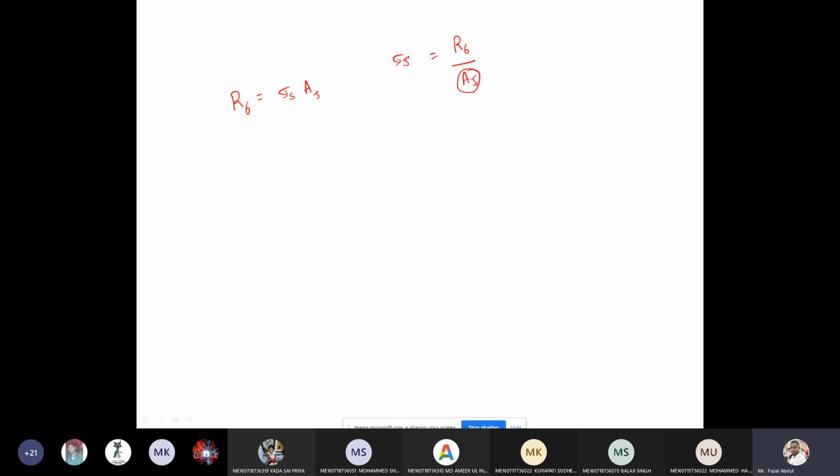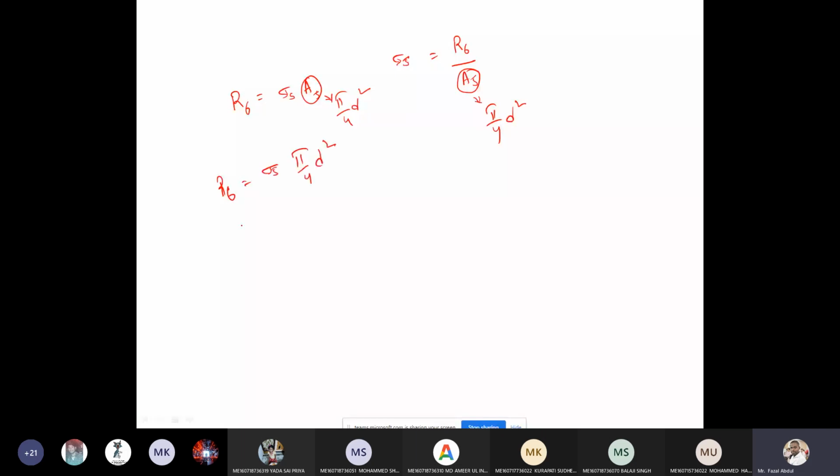So what is the area here? Rivet hole, because the rivet hole has a circular diameter. So the reason I am taking pi by 4 into d square. So write pi by 4 into d square. So R6 equals sigma s into pi by 4 into d square.